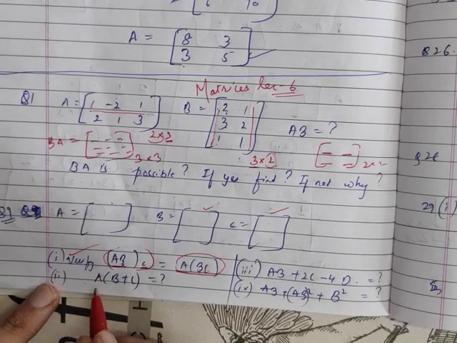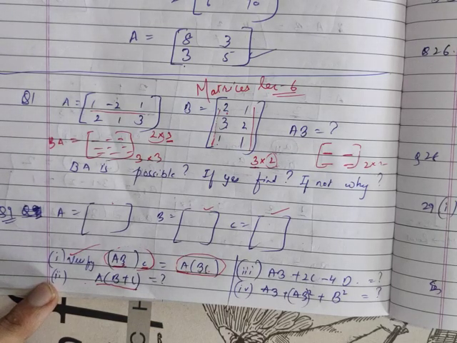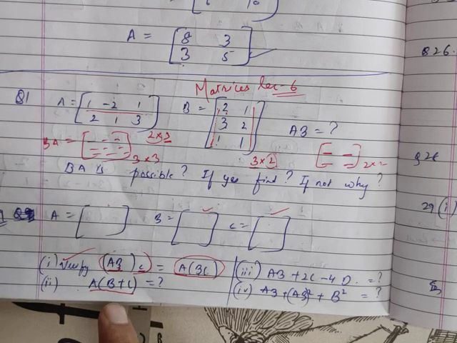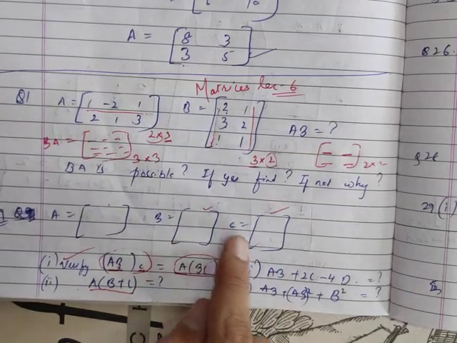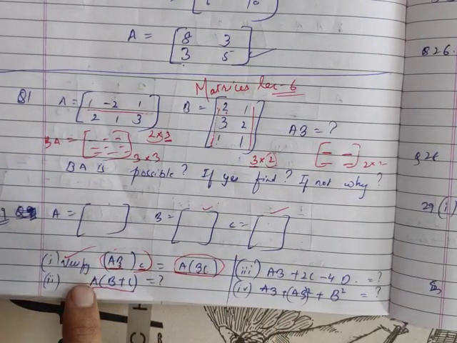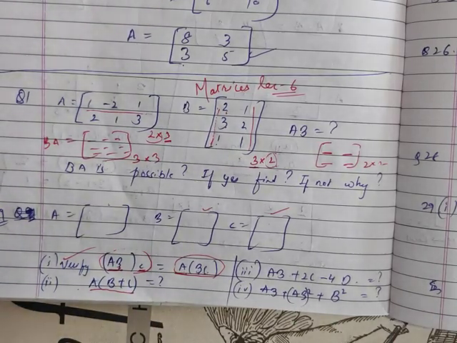Second kind of question will tell you find the value of this. A into B plus C. So it's simple. पहले क्या करोगे? What will you do first? Exactly, solve the bracket. That means B plus C. Add B plus C. The resulting matrix, you got to multiply with the matrix A and that becomes your answer. Let's go ahead.